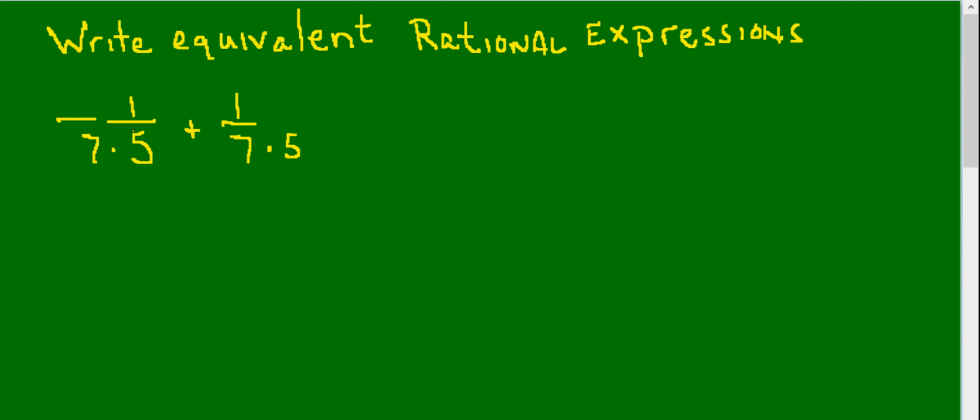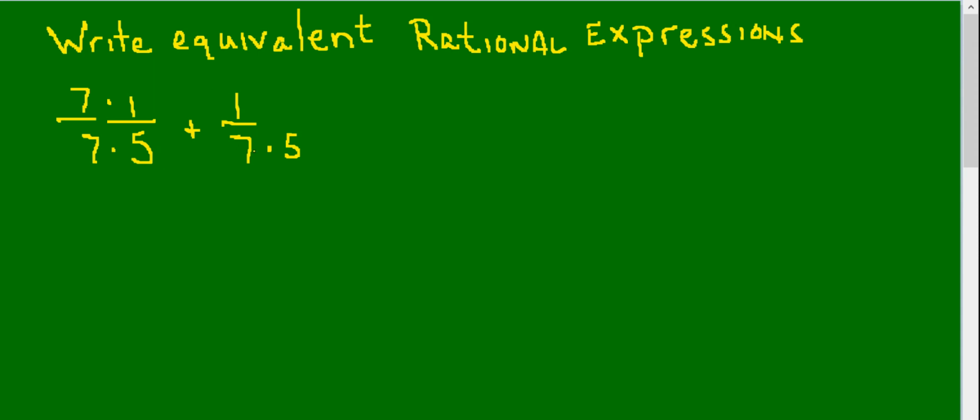So what I have to do is the equivalent of multiplying this 1/5 by 1. An alternate form of 1 would be, in fraction form, 7 over 7. So now I'll have to multiply the top and bottom by 7. I'm really multiplying by 1, so I don't change the number itself.